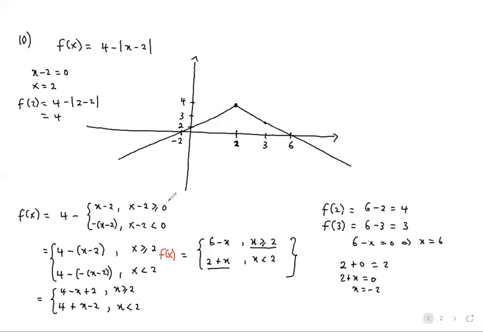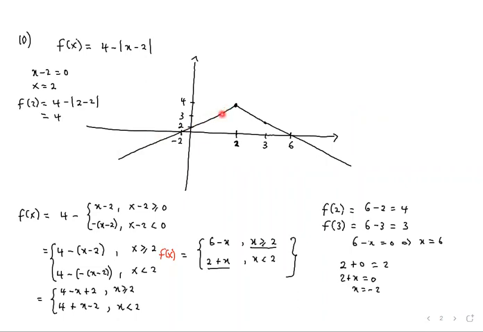Which function here, from the graph as you can see, approaches 2 from the left? It's this line here. The value of x goes to 2 using this line. So as x goes to 2, we'll be using this function here.